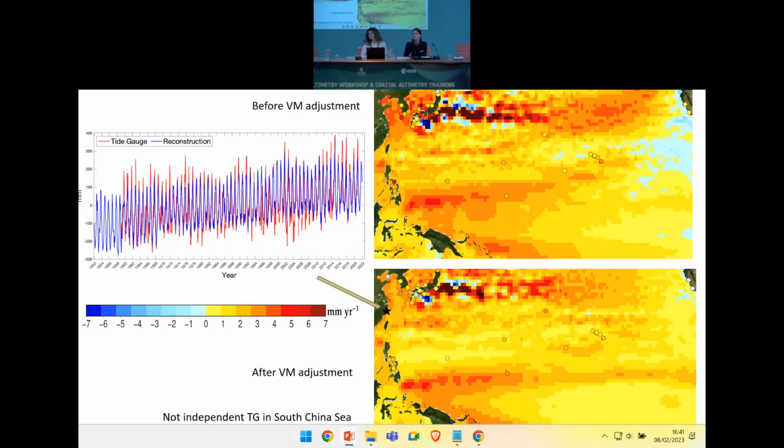Thank you for the impressive work with this long-term sea level reconstruction. For the sea level budget closure discussion related to climate change, will this change some of the conclusions?